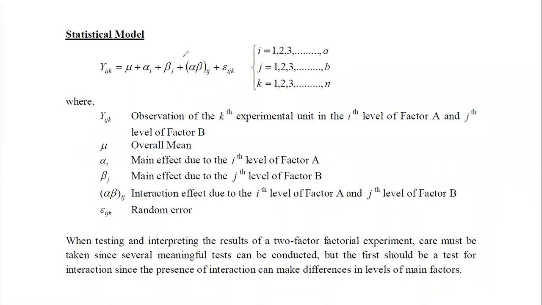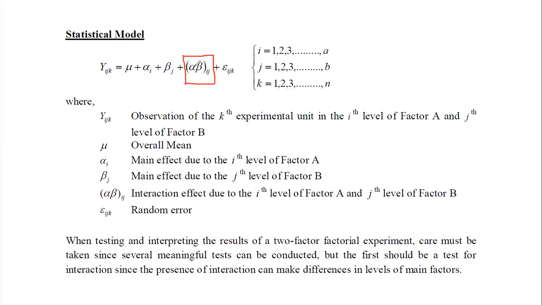Now you can see there is a somewhat strange term for you. It is because in the previous models that we have discussed, no interaction terms were included. Therefore, in this two-factor factorial model, there is an interaction between these two terms.